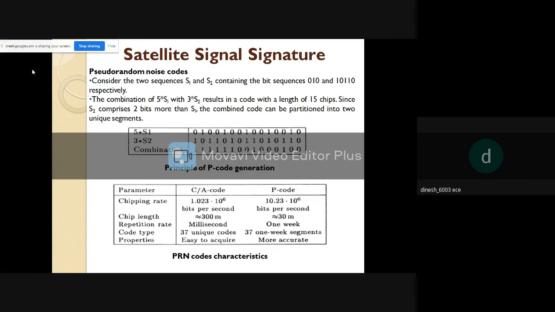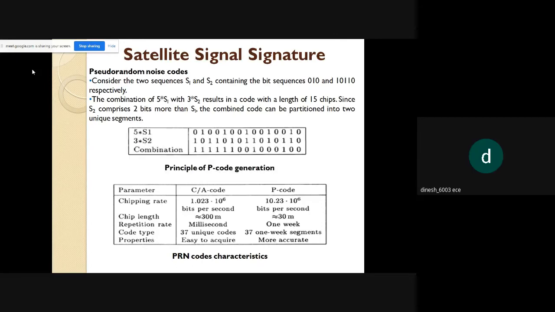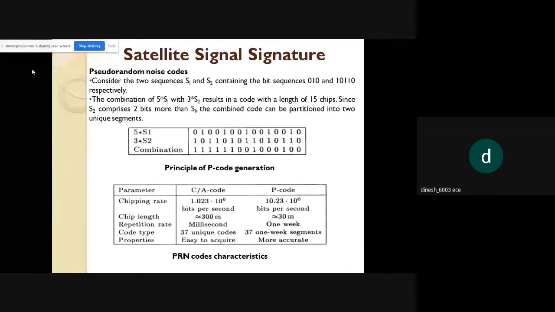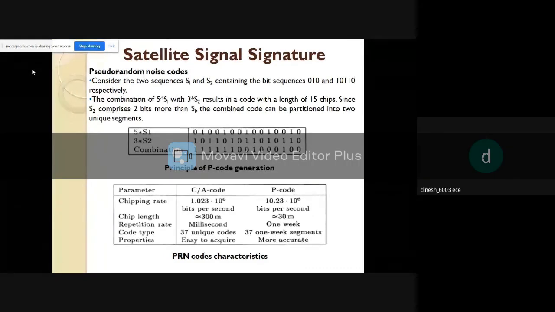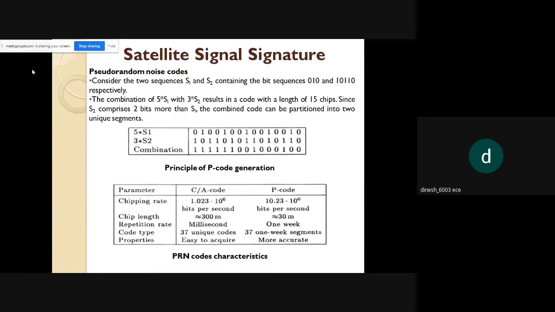In a sense, 5 times the number of bits in S1, which is 3, gives 15. Whereas for the next sequence S2, which is 10110, 5 bits, 3 times 5 also gives 15. So by using this, we get a combination.